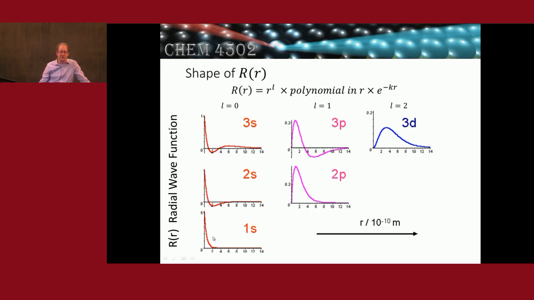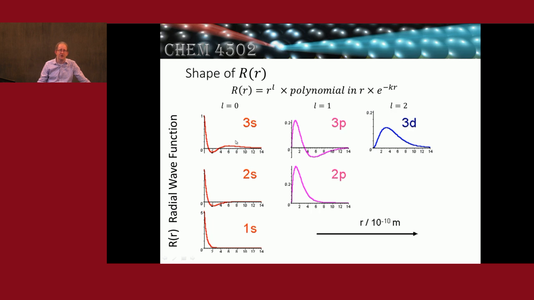So as we go up the s orbitals, we have n minus 1 radial nodes. But notice that when we go from a 2s orbital to a 2p orbital, we change L from 0 to 1, we get rid of this radial node. And the reason for that is we end up making an angular node over here.